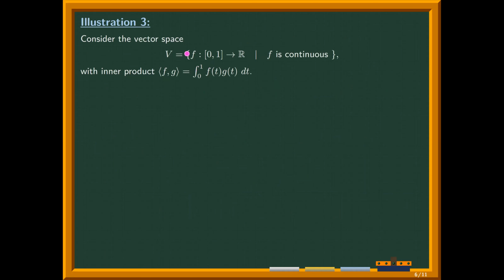Recall that the vector space of continuous real-valued functions on the closed interval 0, 1 is an inner product space with inner product given by the definite integral from 0 to 1 of the product of two functions, two vectors in V. So this inner product that we defined on V enables us to think of a function as an object that has a length and direction.